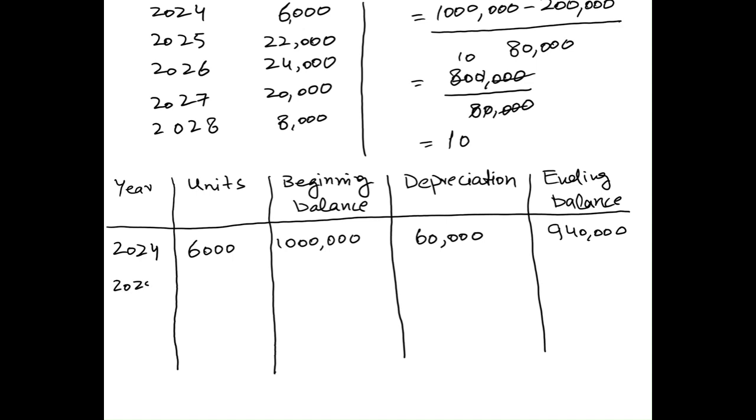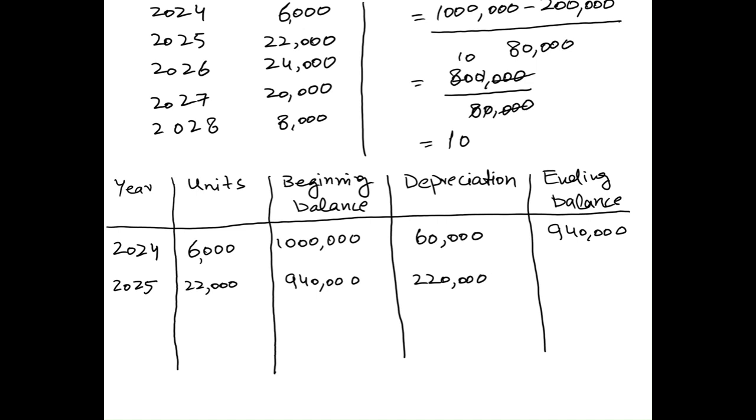In 2025, the number of units the machine is going to produce is 22,000. The opening balance is $940,000. And for this year, the depreciation will be 10 times 22,000. So that will be $220,000.